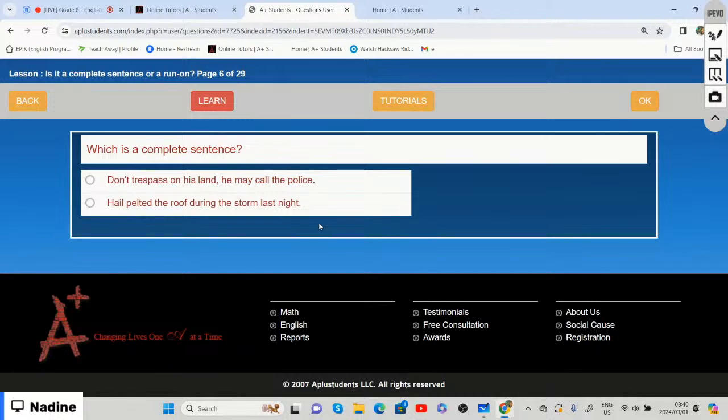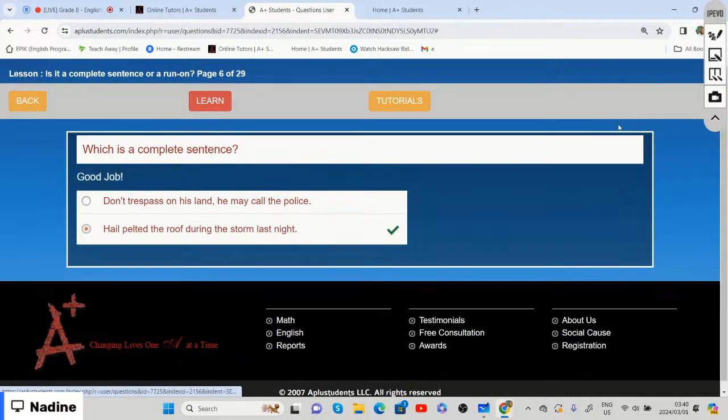All right, so it says either don't trespass on his land, he may call the police, or hail pelted the roof during the storm last night. Let's choose the second option. All right.